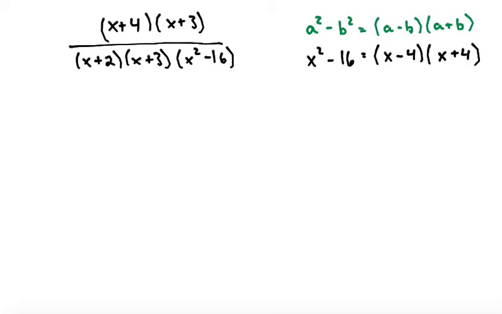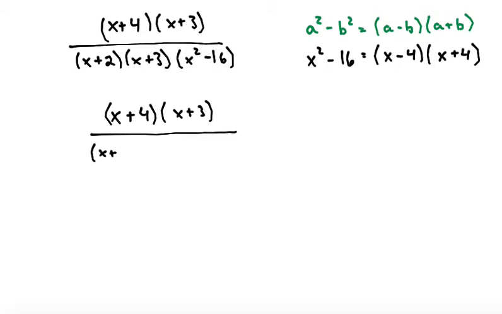So let's sub that in for x squared minus 16, and that gives us x plus 4 times x plus 3 all over x plus 2 times x plus 3 times x minus 4 times x plus 4.